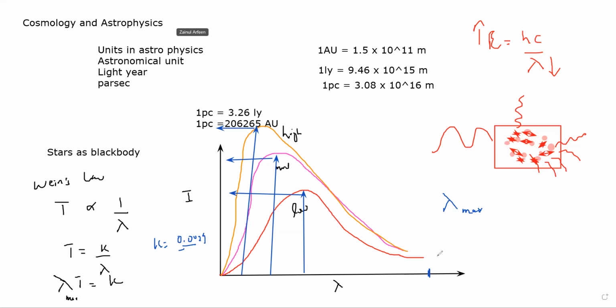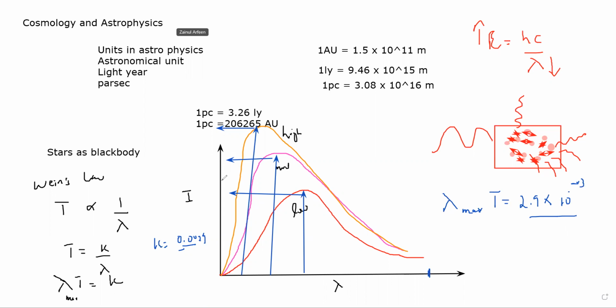Lambda max means the wavelength for which intensity is maximum. So lambda max multiplied by T is equal to 2.9 × 10^-3, because 0.0029 will always be the value of the constant of the black body.